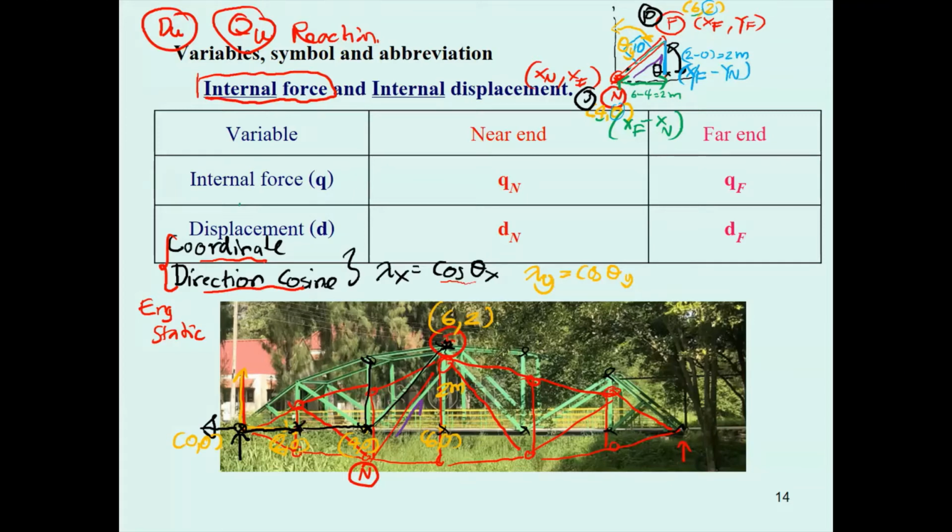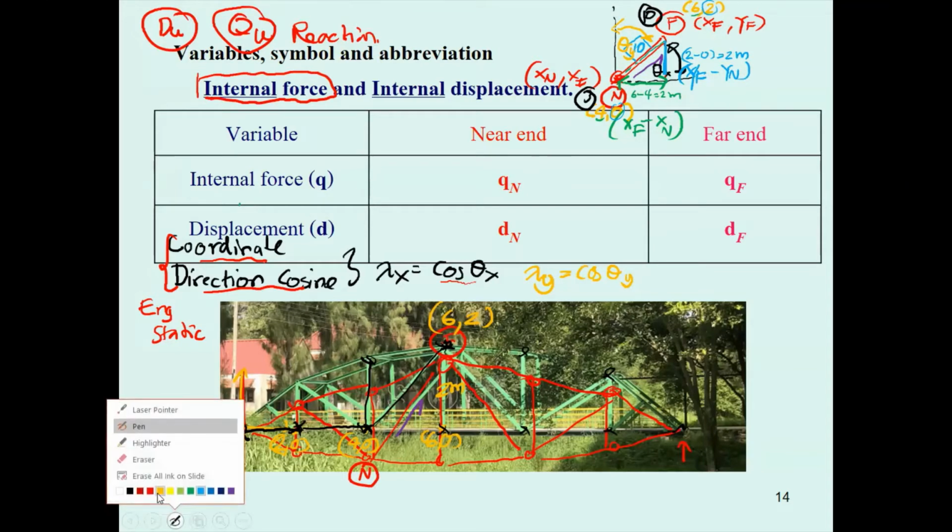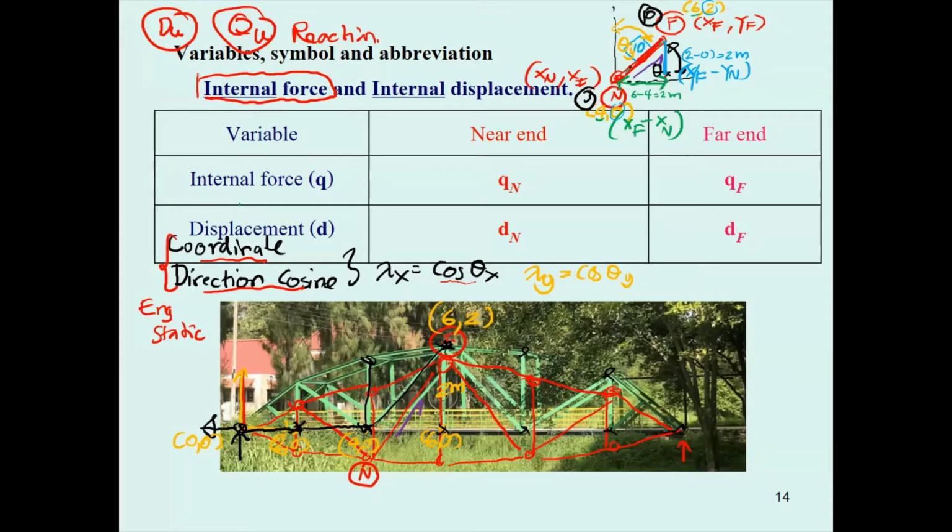And then you determine the length of this member by what? By the square root of the vertical 2 squared plus the horizontal 2 squared.